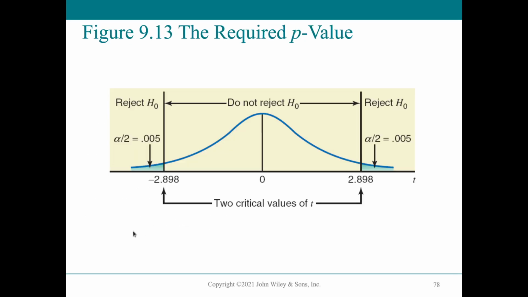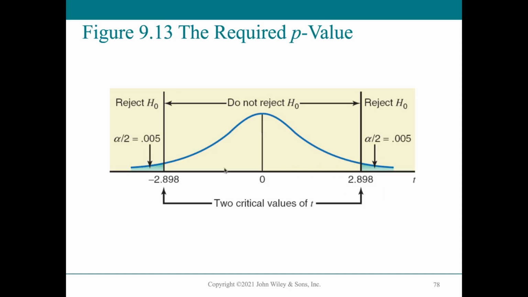To illustrate that, here is our t distribution. Since it's two-tailed, our alpha is divided into both tails. This is the rejection region, and our critical value defines the line that divides the rejection region and the non-rejection region.